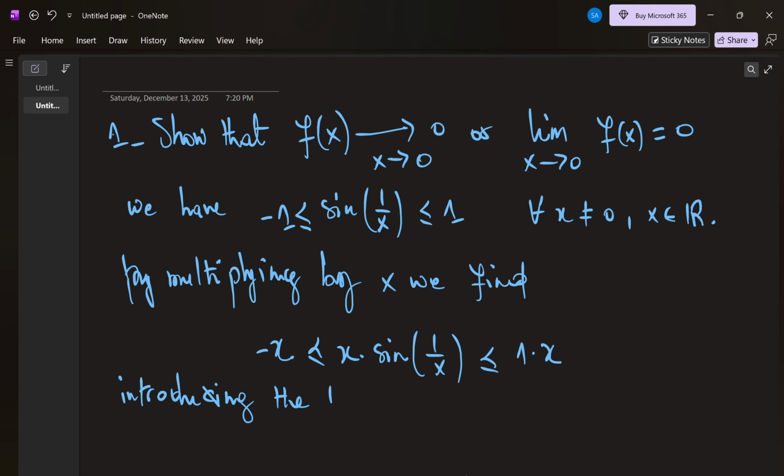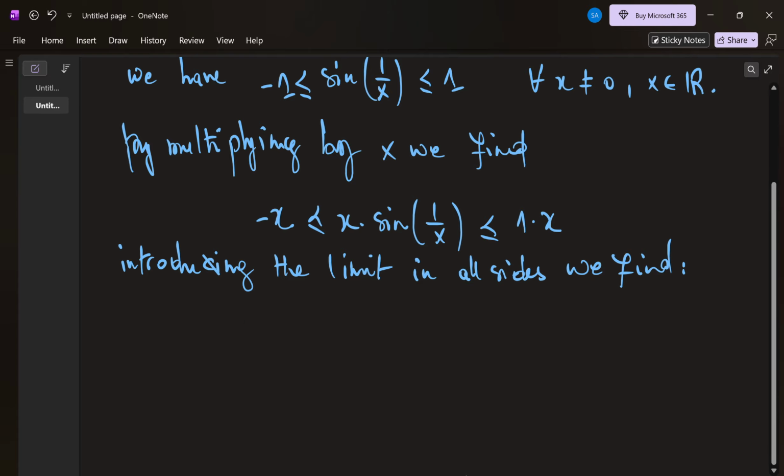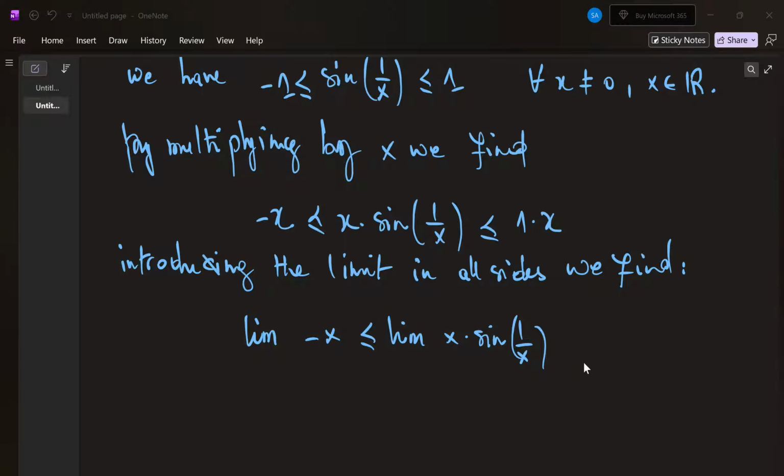Then introducing the limit in all sides, we find that the limit of minus x is less than or equal to the limit of x sine 1 over x, and this is less than or equal to the limit of x, all of this when x is going to 0.